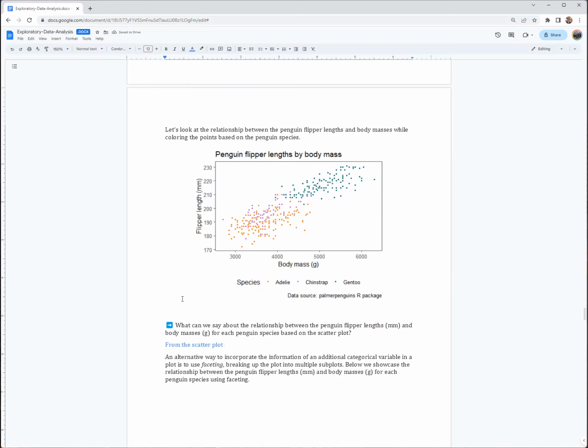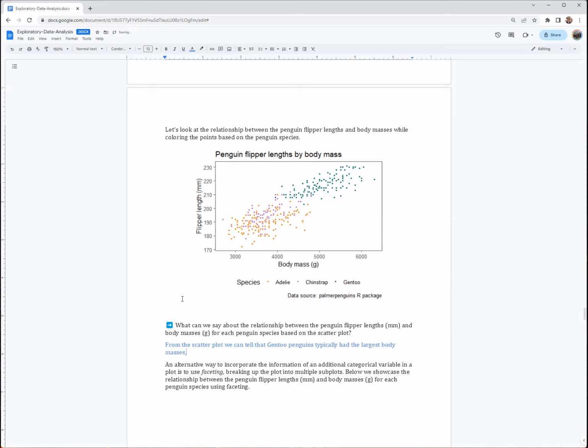Okay. So from the scatter plot, we can tell Gentoo penguins typically had the largest body masses. Okay, so if we're looking at just the x-axis, all these points to the far right are pretty much all teal, which is the Gentoo penguins.